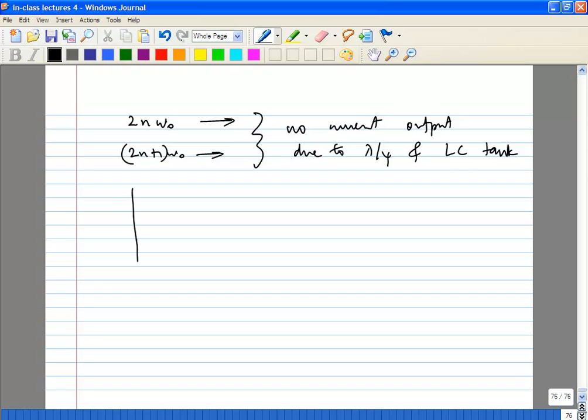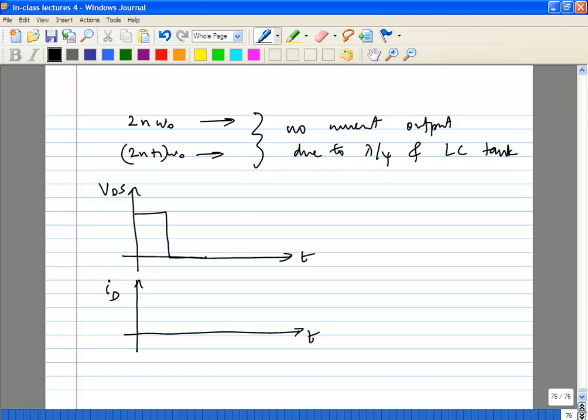And if you plot, again you can plot your VDS and your ID. It's going to go from 2 VDD to 0.